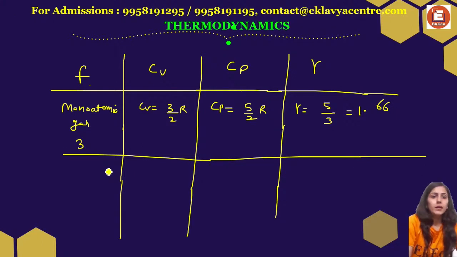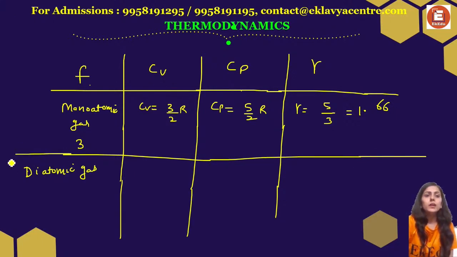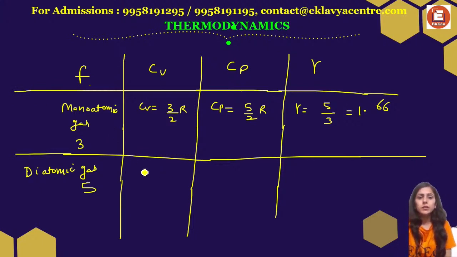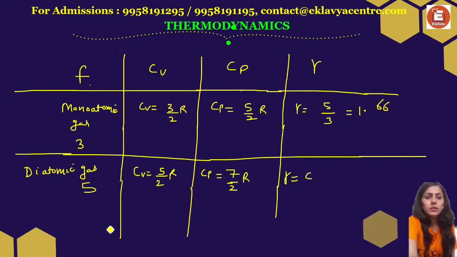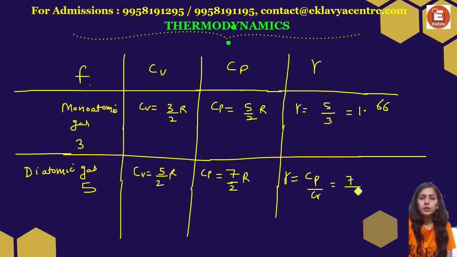Now, in case of diatomic gas, the degree of freedom is 5. So Cv will be 5 by 2 R, and Cp will be 7 by 2 R. Gamma, which is Cp by Cv, is 7 by 5, which is 1.4.